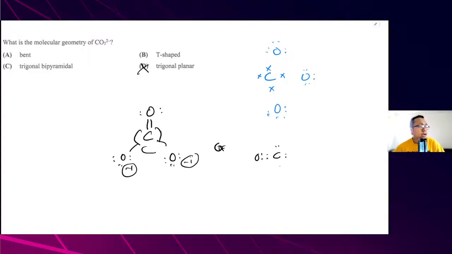Okay, I'm back. So like I mentioned, guys, to determine the geometry, we need to take a look at the Lewis dot structure. And then there is another way to determine that one.